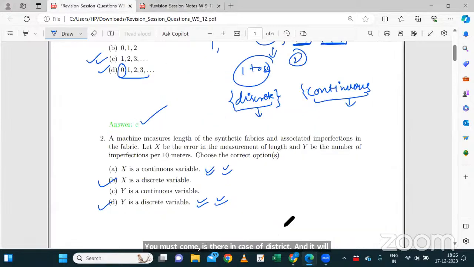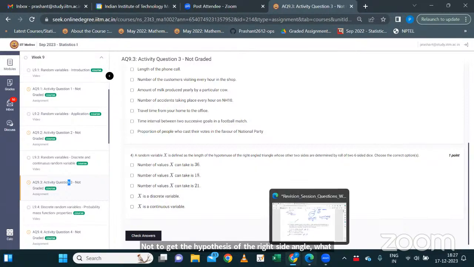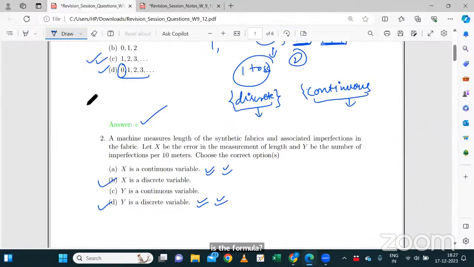Now this case: a random variable is defined as the length of the hypotenuse of a right angle triangle whose other two sides are determined by the roll of two six-sided dice. To get the hypotenuse, what is the formula? Perpendicular squared plus base squared, under root.